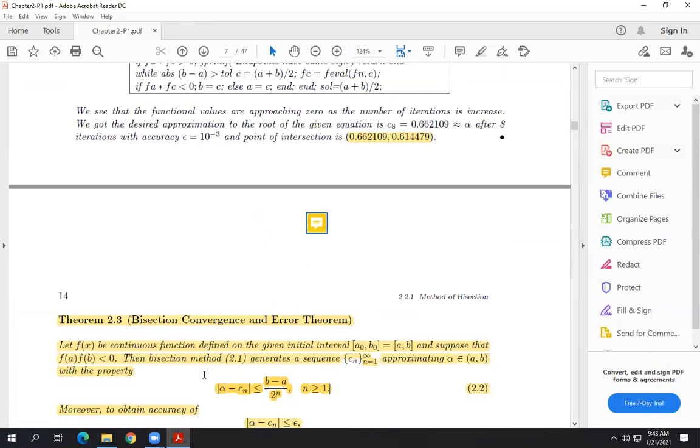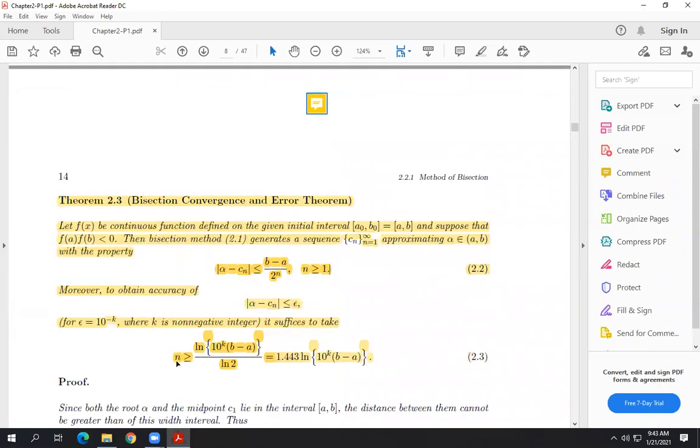That means you have to find the number of iterations. So what is the formula for this one? Remember this one: ln of (10^k (b minus a)), b and a given by the teacher, and k also given because they give you 10 to the power minus 2. So it means k is 2. So you can calculate this value easily. So those are the two formulas.